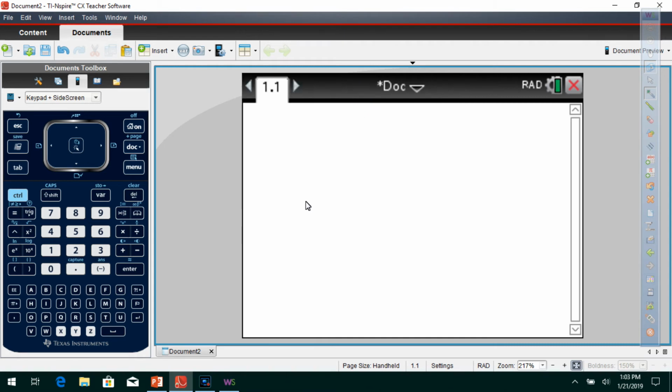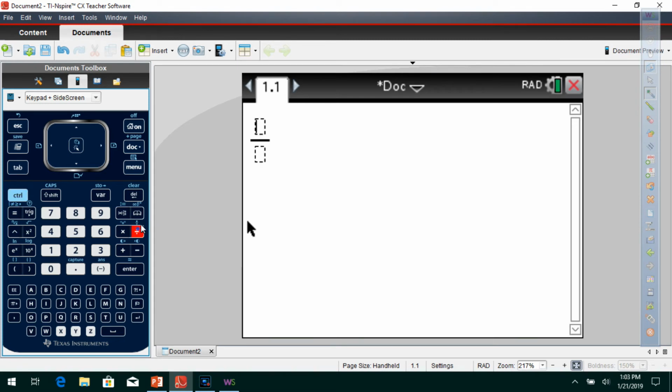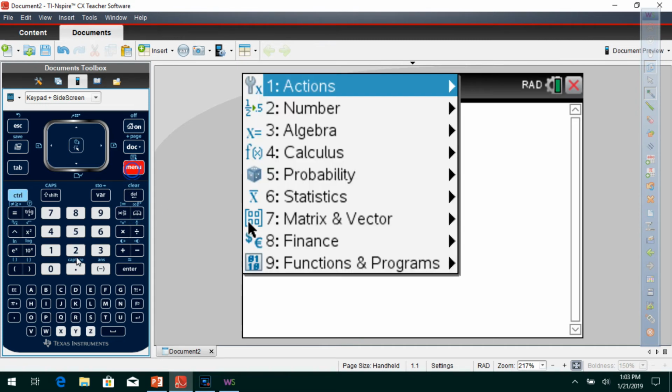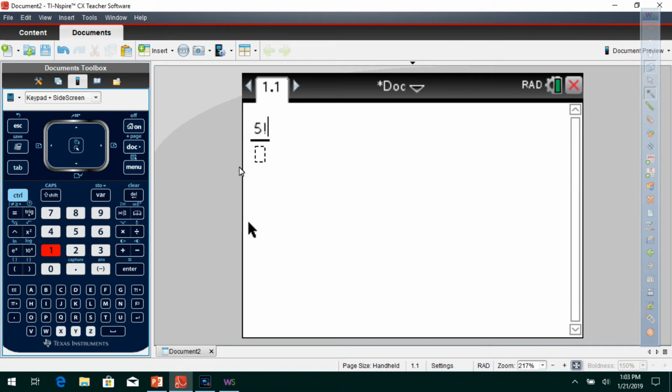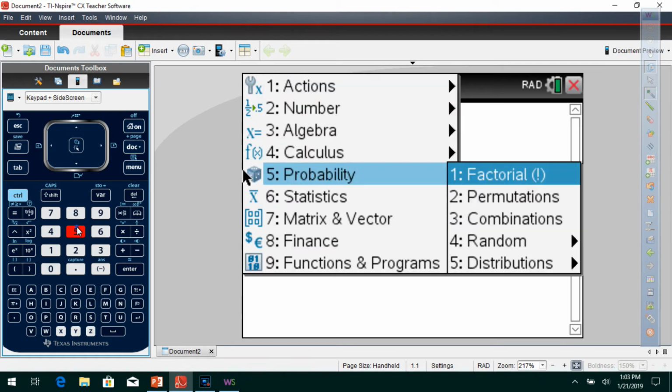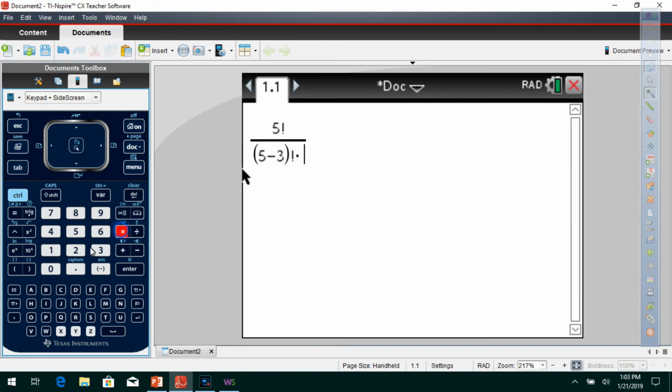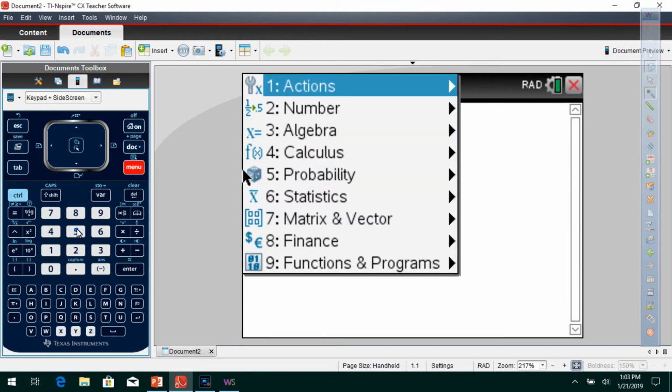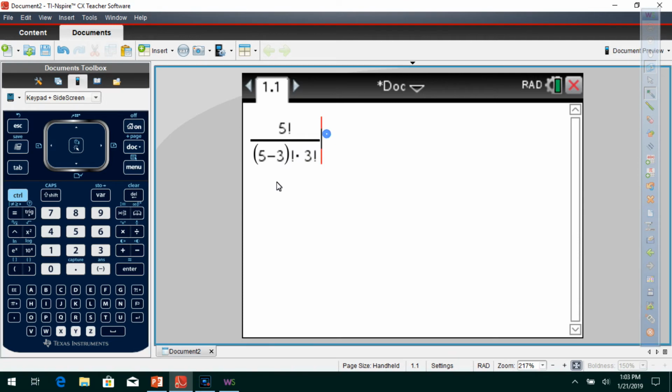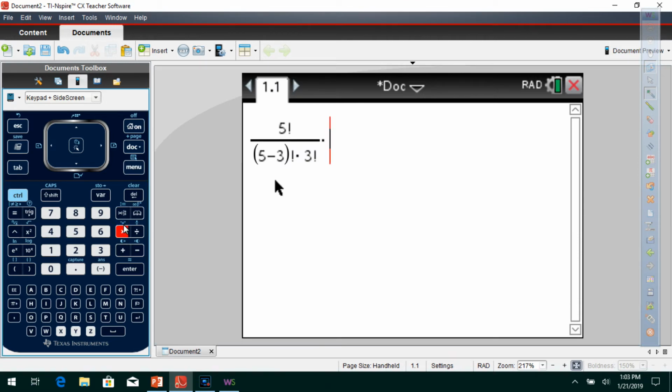You can see I've already tried it a little bit, but anyway. Control divide. We have menu 5 1, over open parentheses 5 minus 3 close parentheses, menu 5 1, times 3, and then menu 5 1 3 factorial, and then times open parentheses 0.85 close parentheses caret 3.